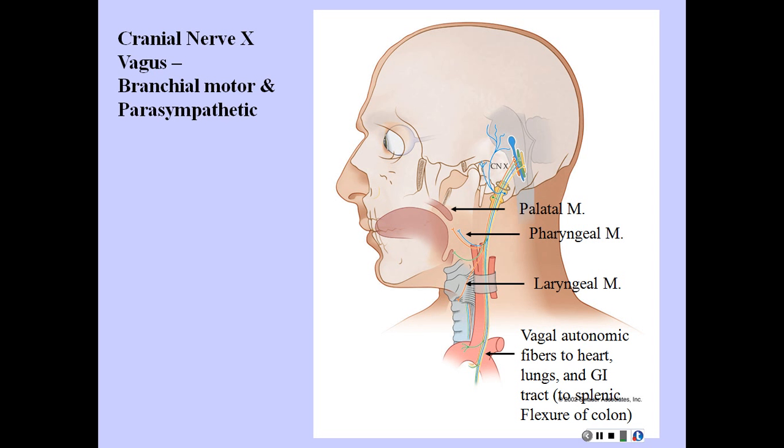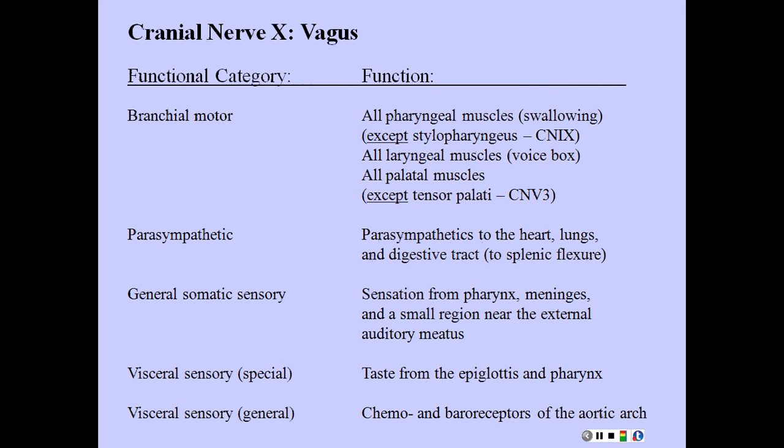Those are conveyed, again, as sensory information by vagus. So, back to vagus: all pharyngeal muscles with an exception, all palatal muscles with an exception, and all laryngeal muscles with no exception. Taste, sensation, and some chemobaroreceptors.